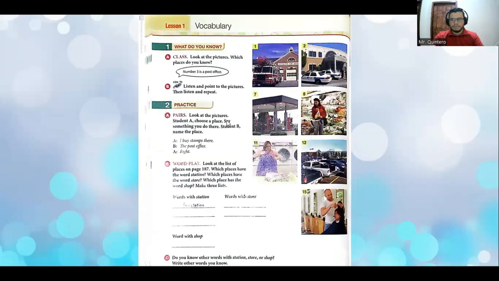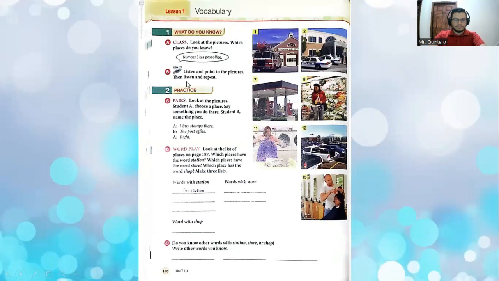Unit 10, Around Town, page 186. What do you know?